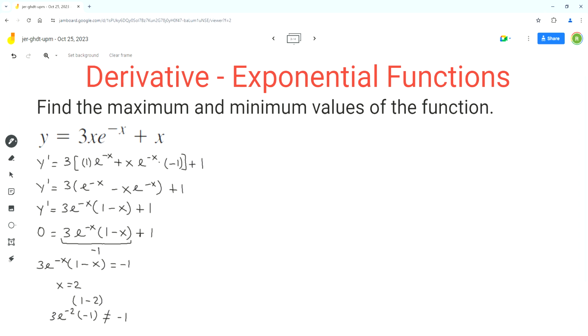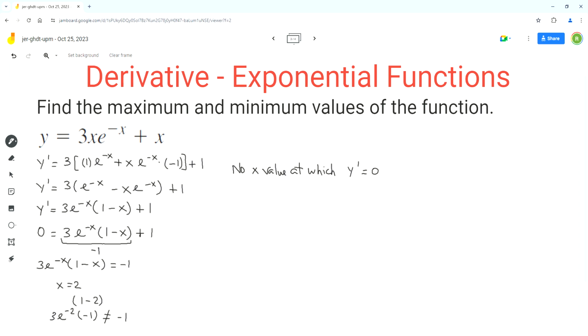So as a result, there is no x value at which y prime is equal to 0. So this function has no critical points at which the derivative is equal to 0.